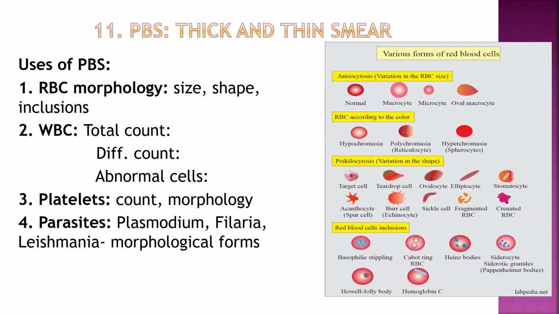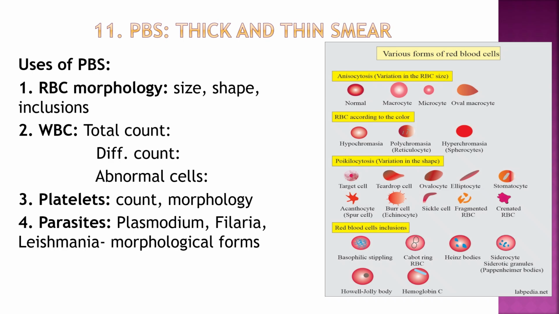Then different shapes: it can be target cell, teardrop cell, oval cells, elliptocytes, stomatocytes, pencil shape, sickle shape, burr cell. So these are different shapes. And inclusions: some basophilic stippling can be present, purple granules inside the RBCs, ring forms that are called Cabot rings, Heinz bodies. The Howell-Jolly body is seen in megaloblastic anemia. So these are different RBC morphologies we can see.